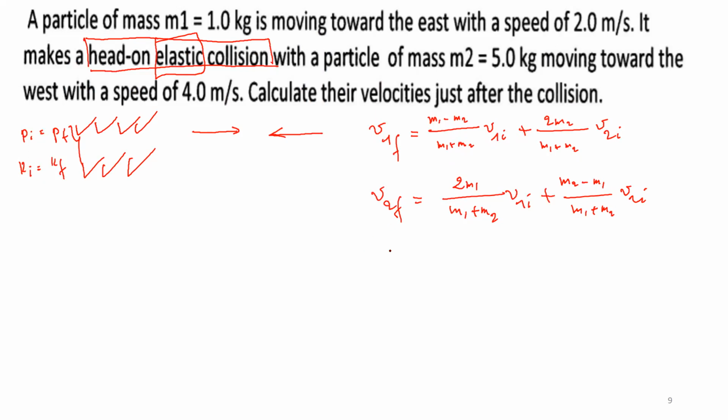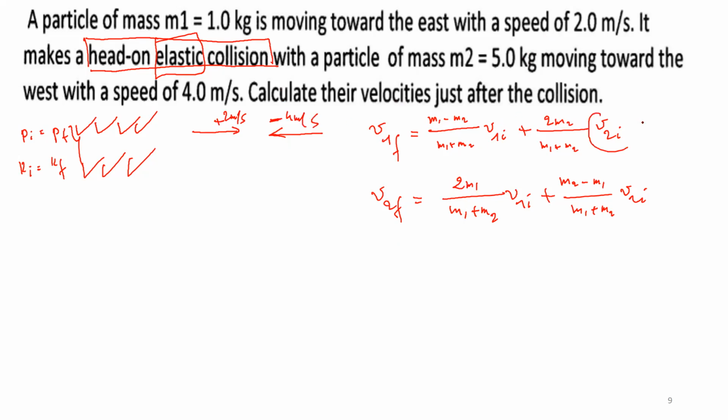Now, let's go for it. I know the masses, m1 minus m2, I know. m1 plus m2, I know. v1 initial is moving towards the east, so it's plus 2 meters per second. But v2 initial is moving toward the west, so it will be minus 4 meters per second.